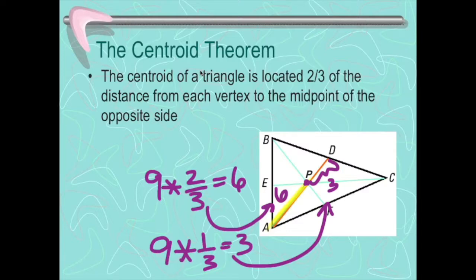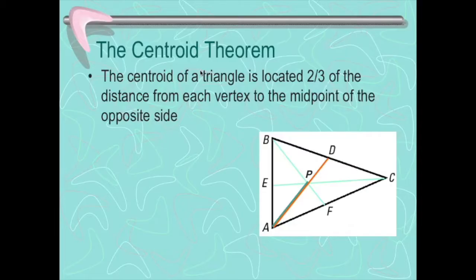That's not hard. We're going to do some examples for your homework. It doesn't matter where I go, it's still going to be a 2/3, 1/3. On this particular one, which part is the 2/3? BP. Yes, BP. And then this part down here is the 1/3.